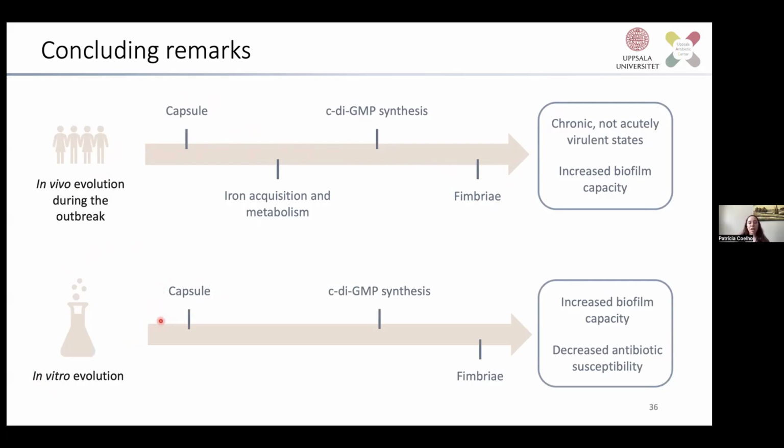So we still have the same changes in capsule, cyclic GMP, and fimbria, which led also to an increased biofilm formation capacity and decreased antibiotic susceptibility. So it's safe to say that if we see these changes in vitro and decreased antibiotic susceptibility in vitro, we will also be able to see it in vivo within the host.